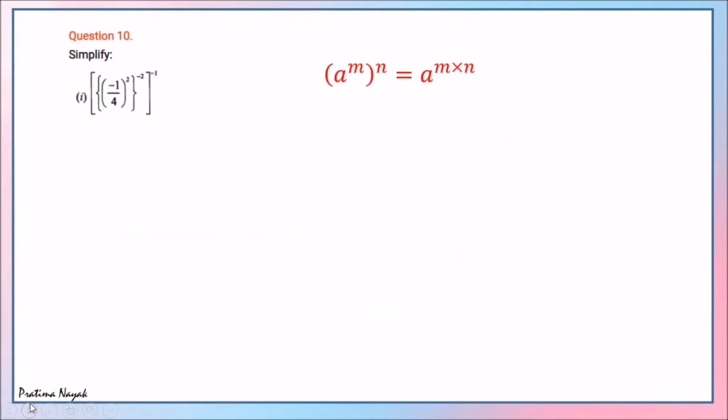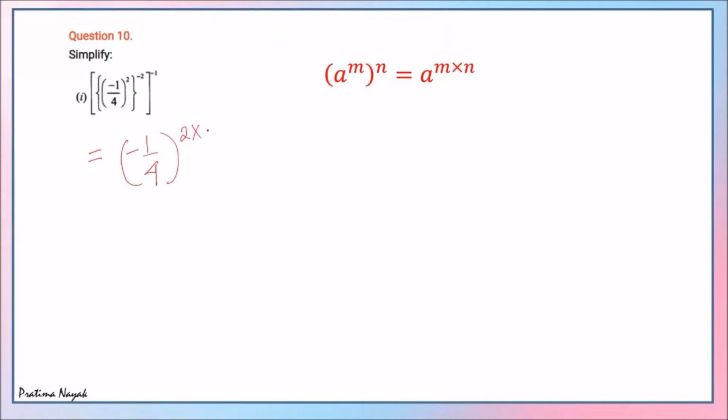Now going for question number 10, part 1. Here we will apply the formula A raised to the power M raised to the power N is equal to A to the power M into N. So same logic will apply. We'll write minus 1 by 4 and all the powers I'll multiply. What is the power? 2.